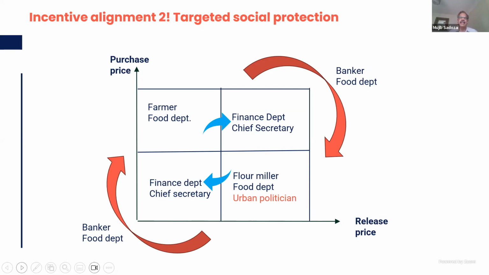This essentially meant that the urban politician did not have a serious interest in supporting a lower release price. And the urban politician should also vanish from the scheme of things.